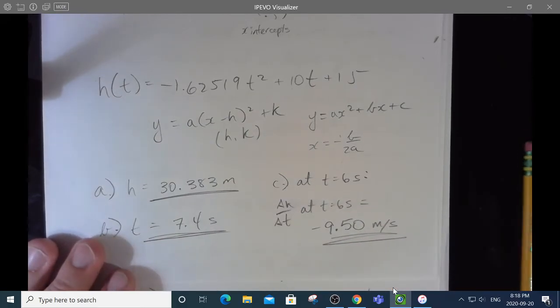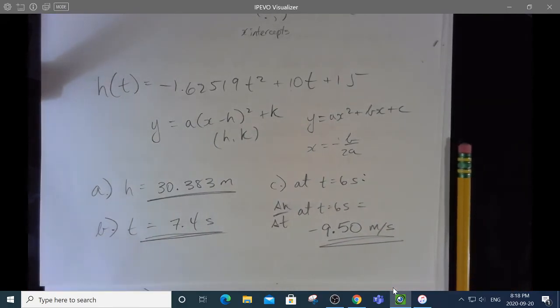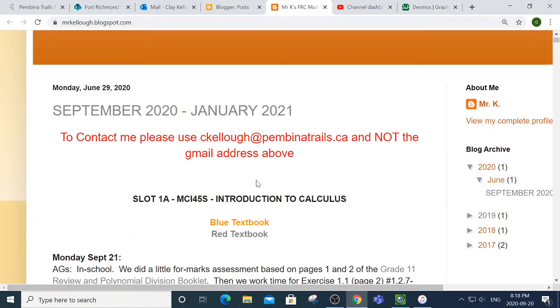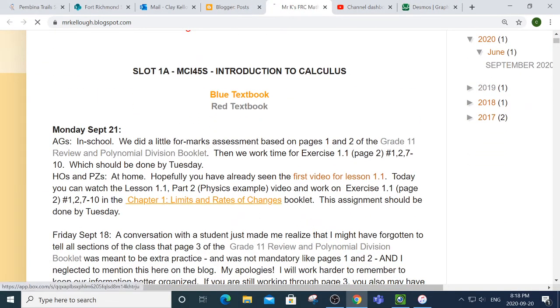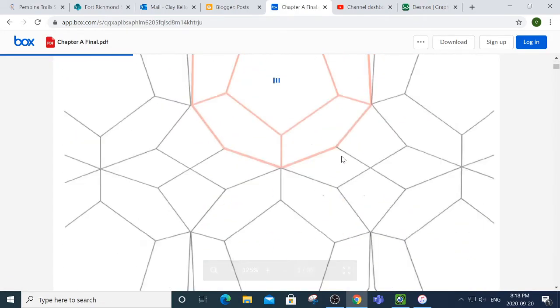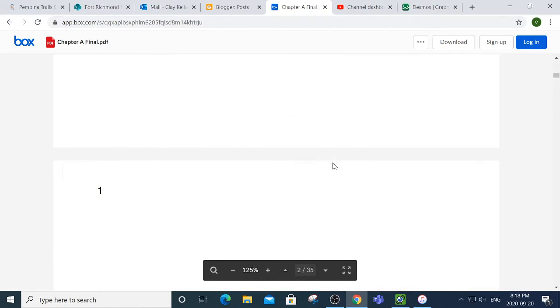So there we go. That's a good example of the type of question that you can do using the Desmos technology to help you. There's a bunch of questions in your homework. Let me go back to the blog for a second. When I go to your actual textbook assignment, there's a couple of pages here.